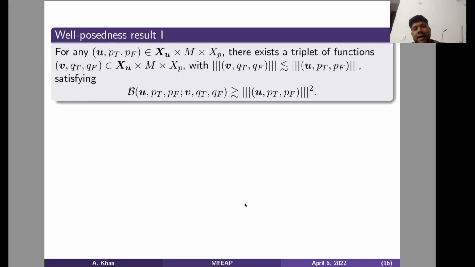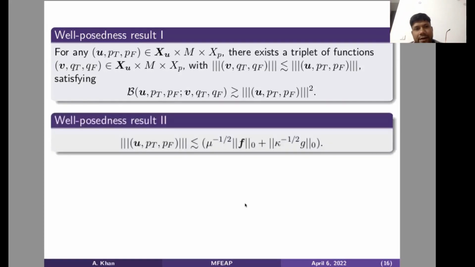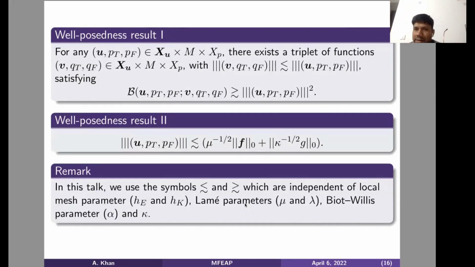If we have this first well-posedness result, we can easily prove the second well-posedness result just using the definition of this bilinear form, and we can prove this existence and uniqueness result. So we are using this symbol. The symbol means that these constants are independent of the mass parameter as well as the Lamé parameters and the Biot parameter, and also the permeability.